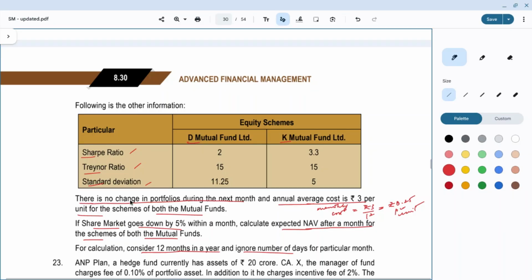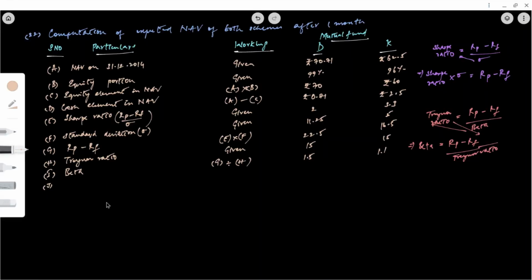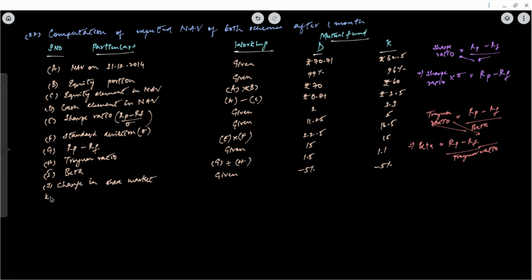Now, change in share market. What is given? Share market goes down by 5%. Okay. So change in share market is given, minus 5% in both cases. Now, what will be the change in portfolio?